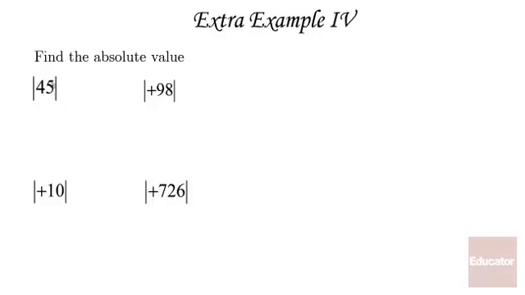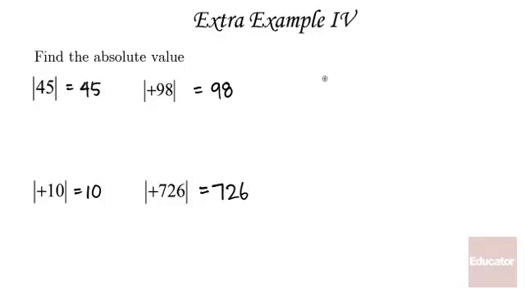So the absolute value of 45 is 45. 45 units away from 0. Then the absolute value of positive 98 is 98, the absolute value of 10 is going to become 10, and the absolute value of 726 is 726.